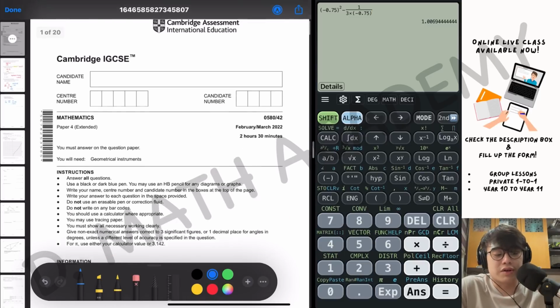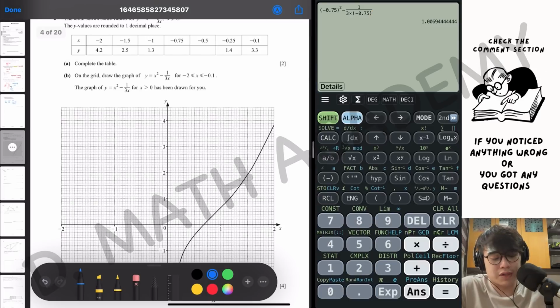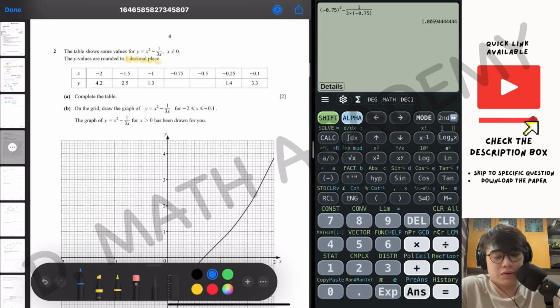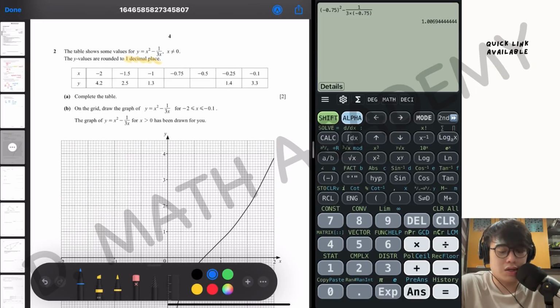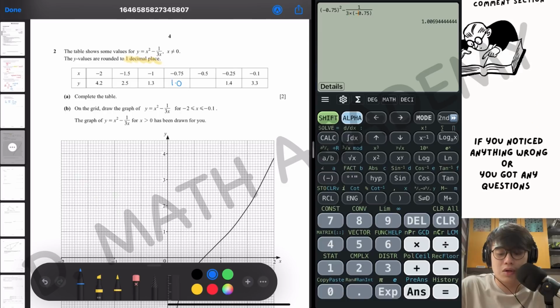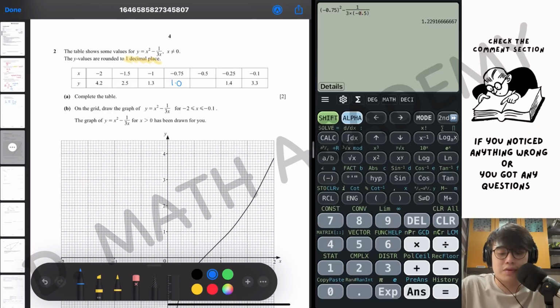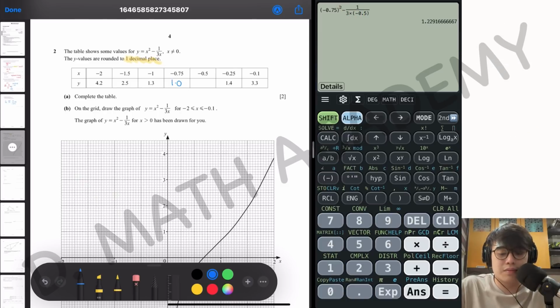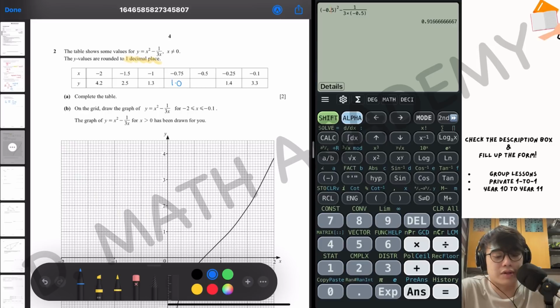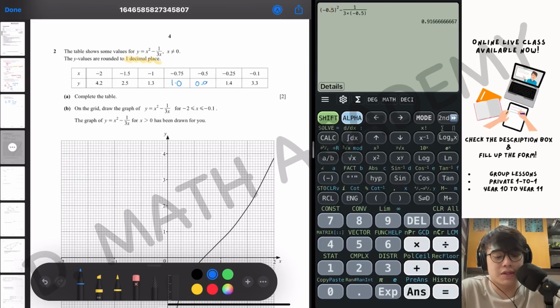Because all of the results here are rounded to 1 decimal place as requested by the question, I don't have to do anything, just key in 1.0 will do. When it was updated to 5, however, let's change it up. You have a result of 0.9 after correcting it to 1 decimal place.